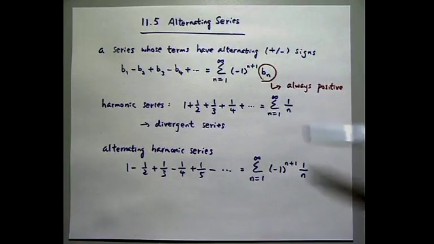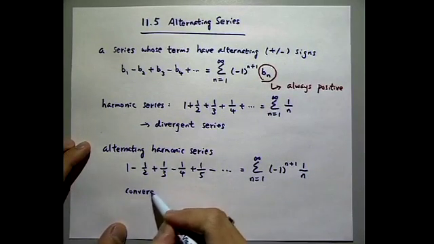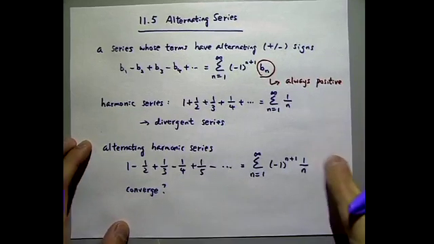Okay, so let's check out whether this alternating series will converge. And let's do that by checking out the partial sums.